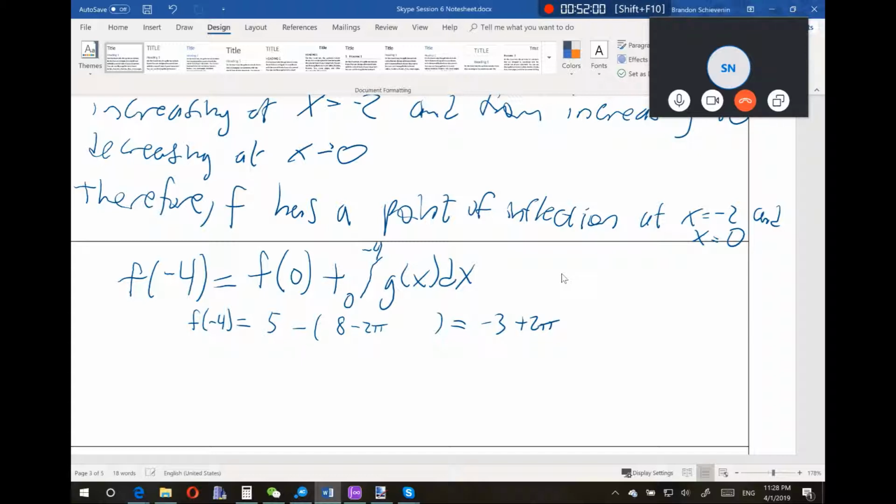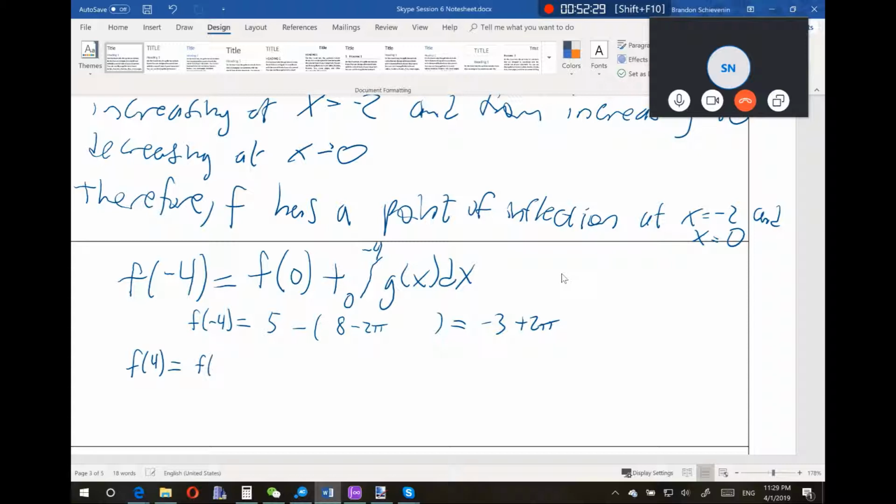Okay, and then I also need to get f of 4. So how could I set up f of 4? Integrate. Okay, I'm going to do that, but I need a start point first. Oh, from 5.